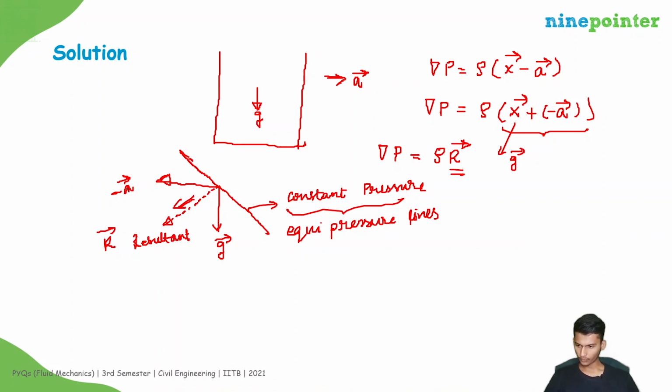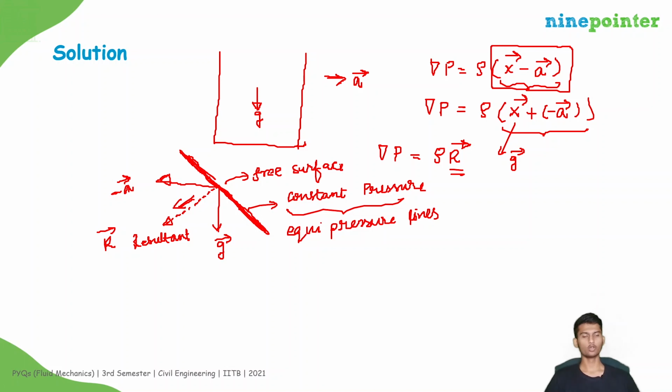So the free surface will be something like this, because the free surface will be perpendicular to the resultant value of body force per unit mass. So its resultant is in this direction, and the perpendicular direction to this resultant will be something like this. So the free surface will be something like this, right?